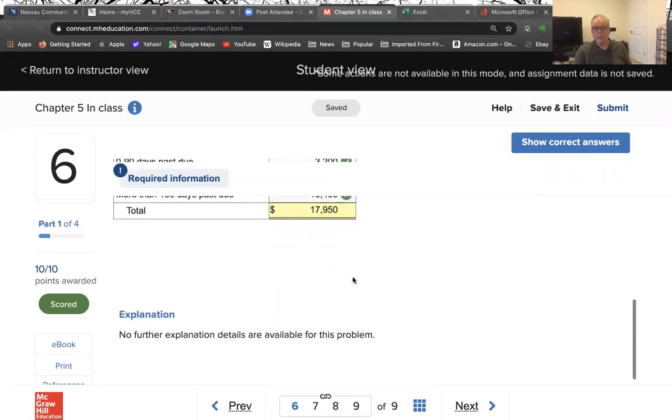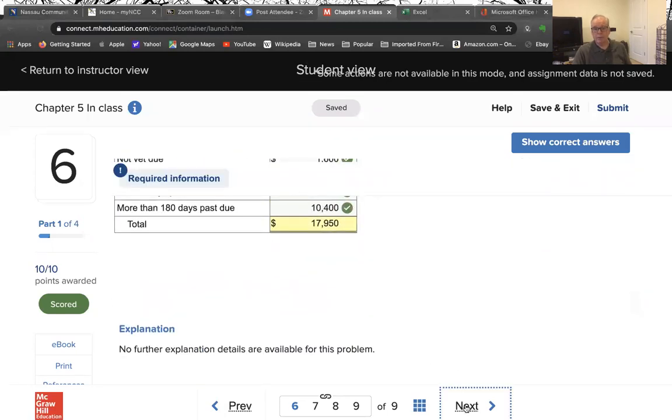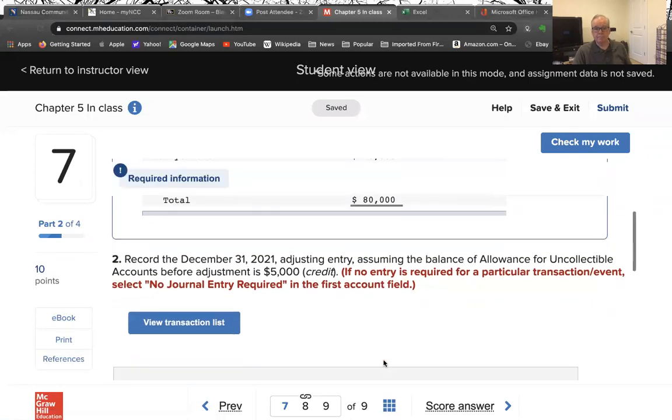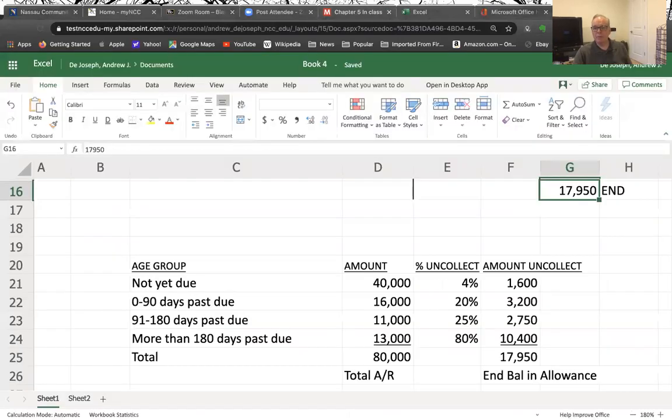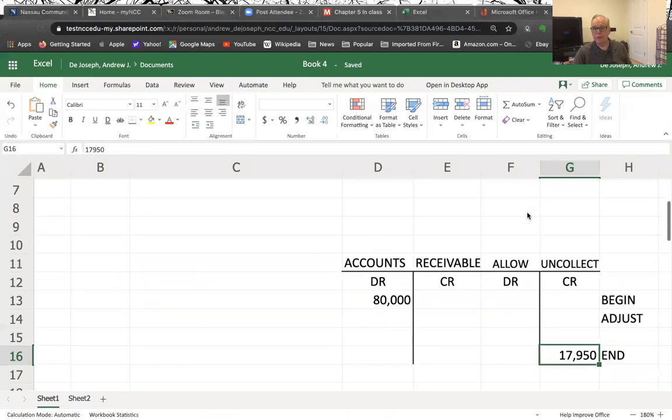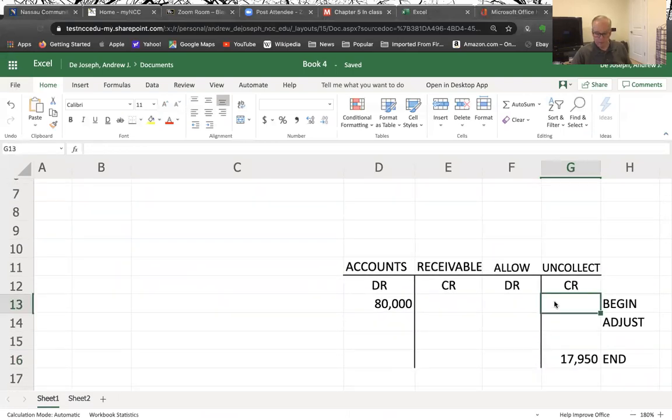Okay. Now, what's the next part of the problem? Record the entry on December 31st, assuming the balance of allowance for uncollectible accounts before adjustment is 5,000 credit. In other words, what they're saying is if you go back here and look at this, the beginning amount is 5,000 credit.